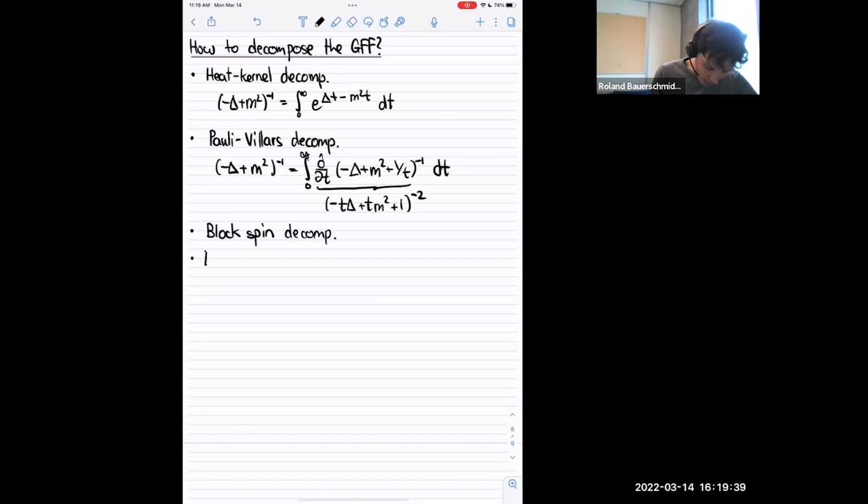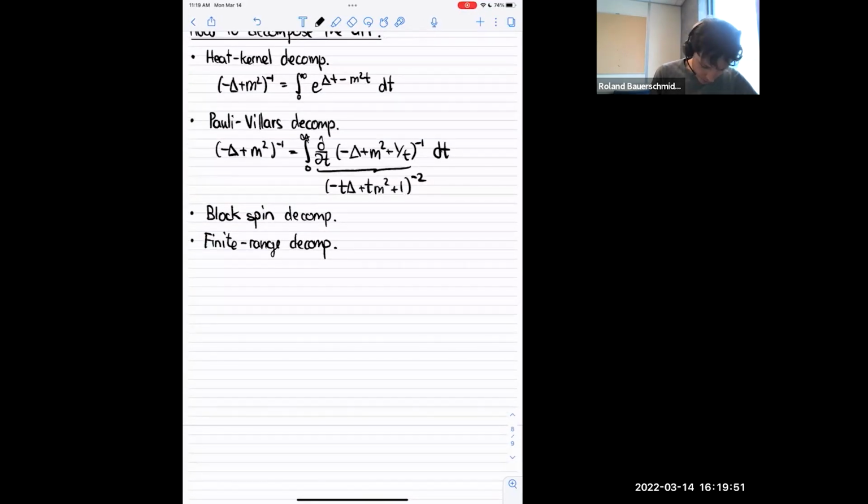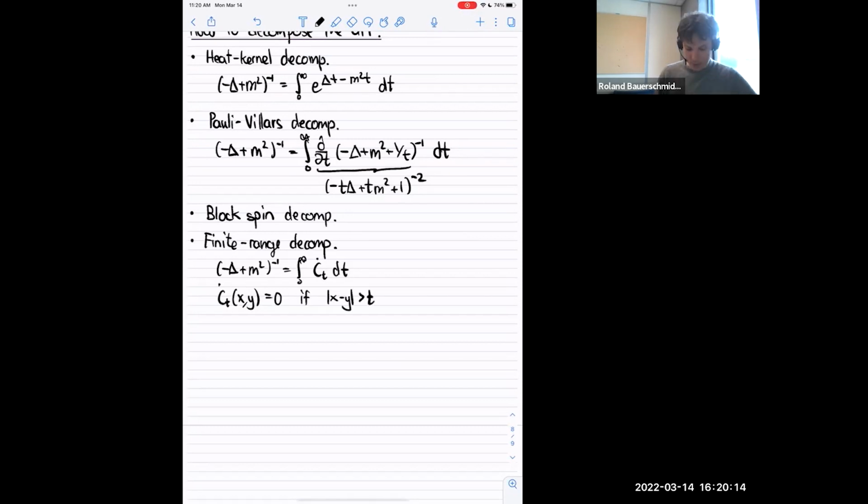You can use a certain decomposition, which I'll be talking about more later on, which is called a finite range decomposition. In which case we decompose the inverse of the Laplacian in terms of these matrices C_t dot, so that the C_t dots have the finite range property: C_t dot (x,y) is 0 if the distance between x and y is bigger than t.